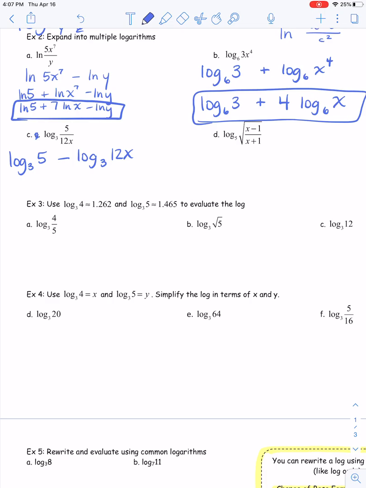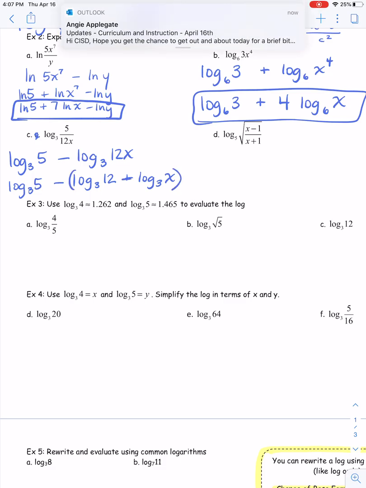However, I know that the 12 and the x are being multiplied together, so that means they were originally being added. So I have log base 3 of 5 minus log base 3 of 12 plus log base 3 of x. Okay, now these two things are being added together after they have been subtracted from one another.